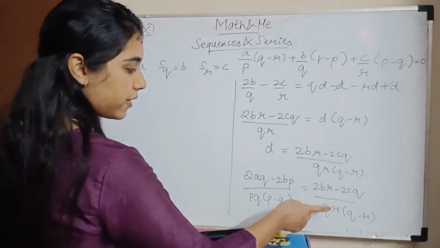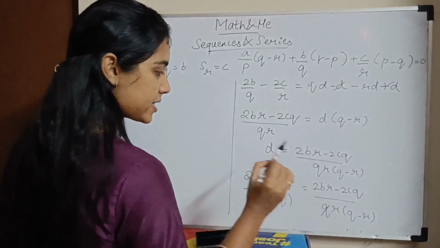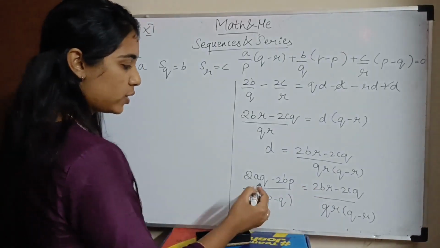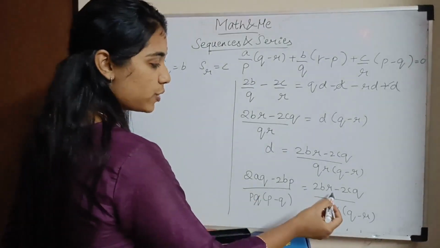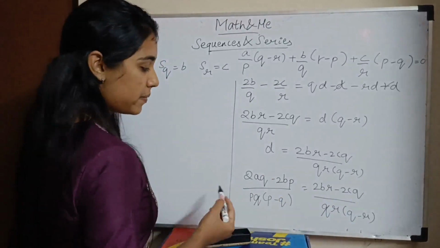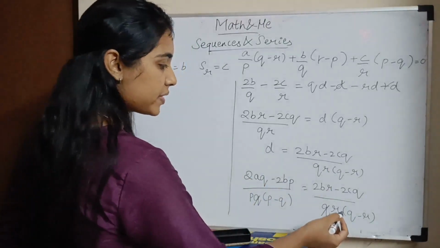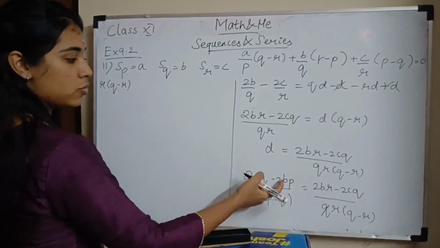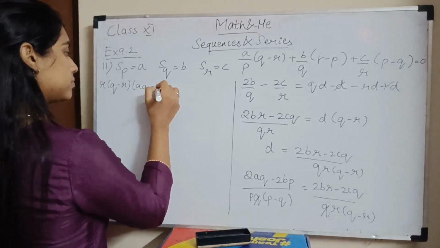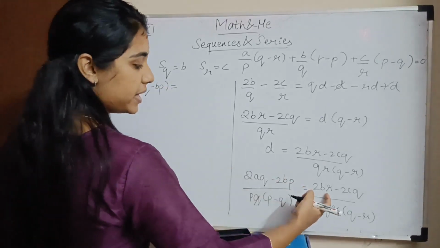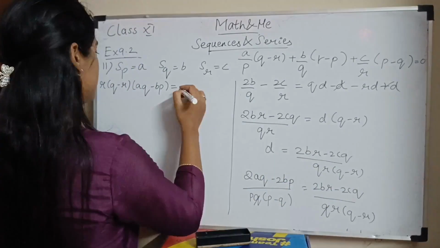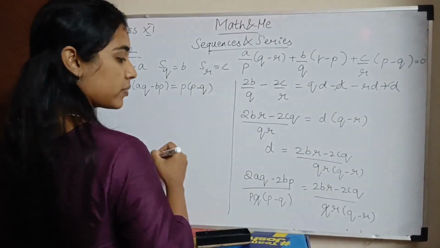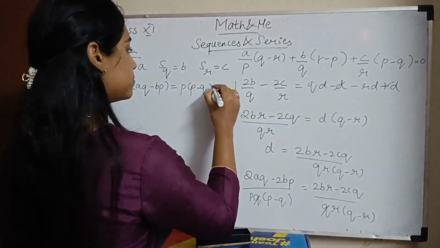Now what do you see? Q and the Q will get cancelled, and the 2 in the numerator will also get cancelled. When you take 2 outside, you'll have AQ minus BP. When you take the 2 outside, you'll have BR minus CQ. Okay. Now I'm going to cross multiply. What do you have? R times (Q minus R) times (AQ minus BP) equals P times (P minus Q) times (BR minus CQ).